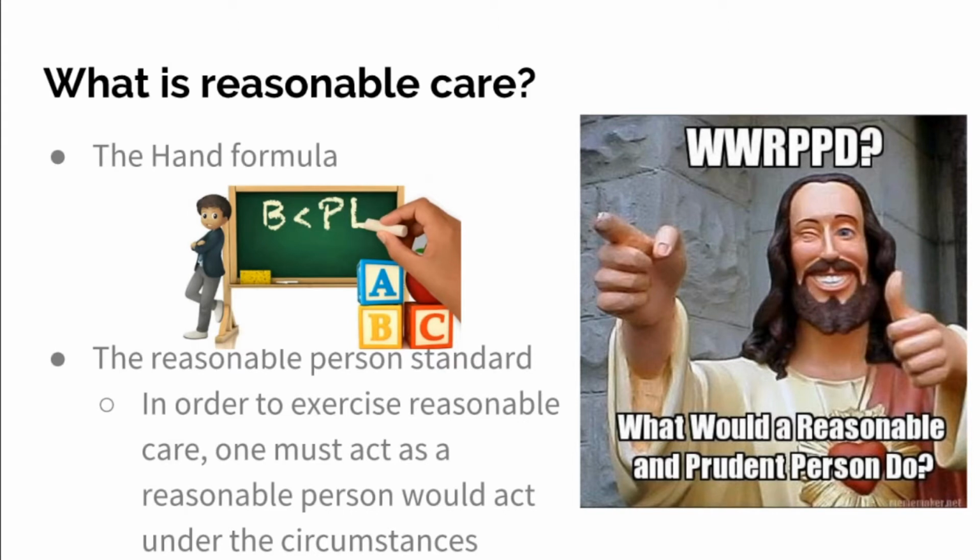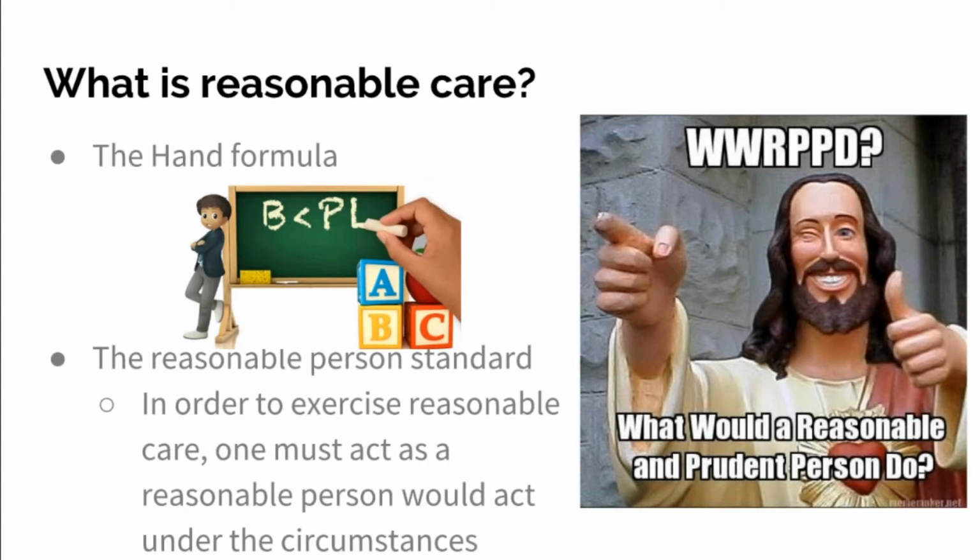Specifically, legal scholars use the Hand formula, which is B is less than PL, which means that when the burden of an individual to act to prevent harm is less than the probability of harm occurring and the impact of the harm that will occur, then an individual has acted negligently.